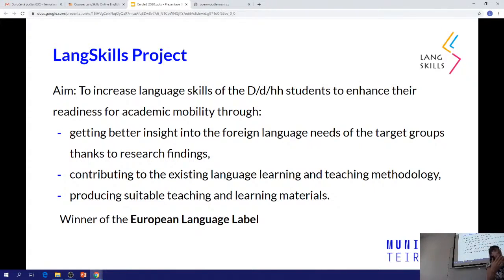We also did materials for teachers, and we did a research into motivation, study needs, and also how they view the sign language as a means of instruction. And we must have done something right along the way, because we won quite recently the European Language Label.